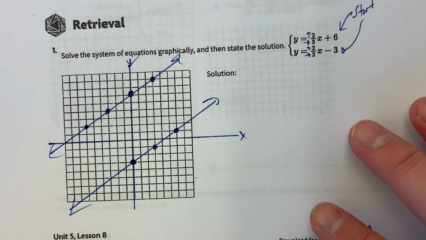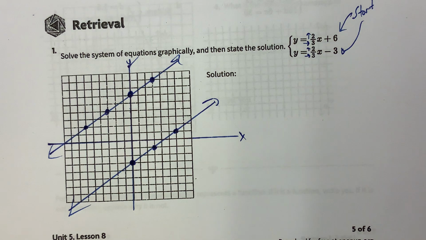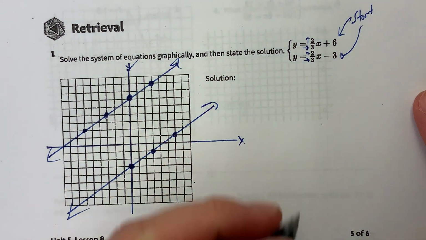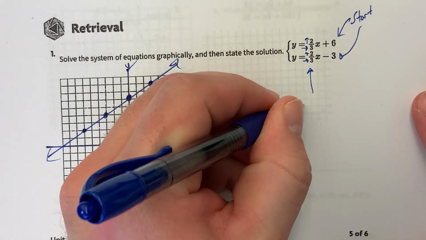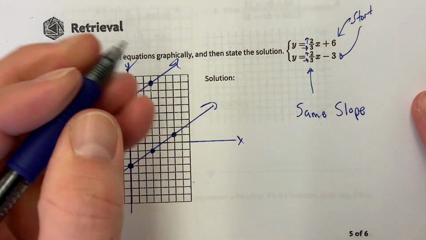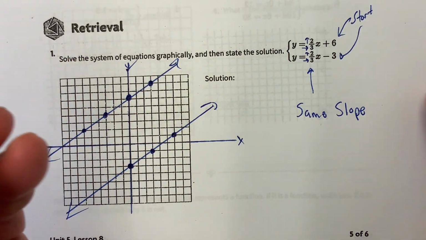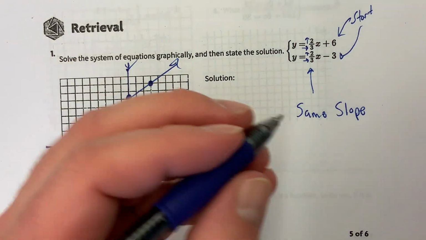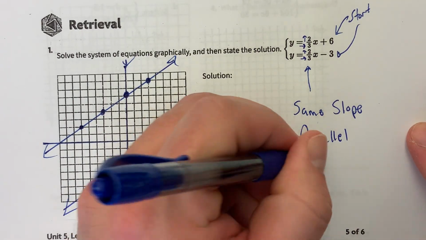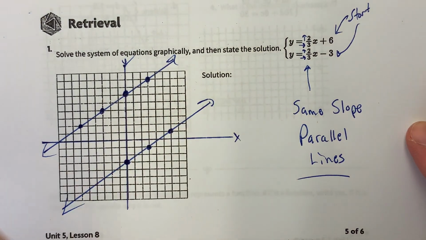And that's okay. This is a particular situation that you need to be aware of, where the slopes are identical. So same slope, which means if the slope is ever the same, it'll make parallel lines. Parallel lines are like railroad tracks, right?